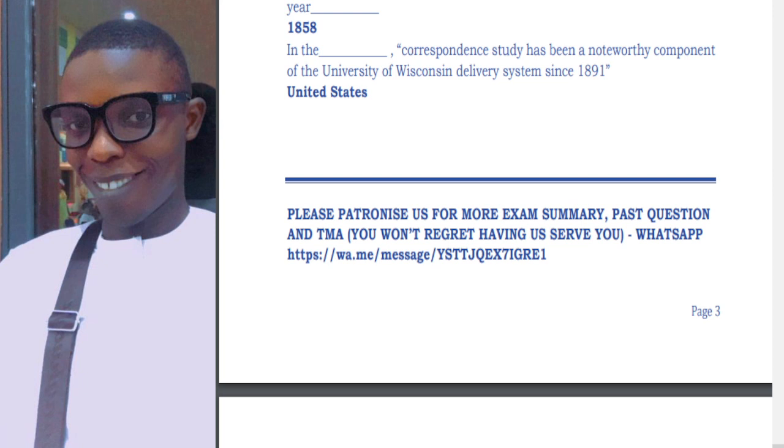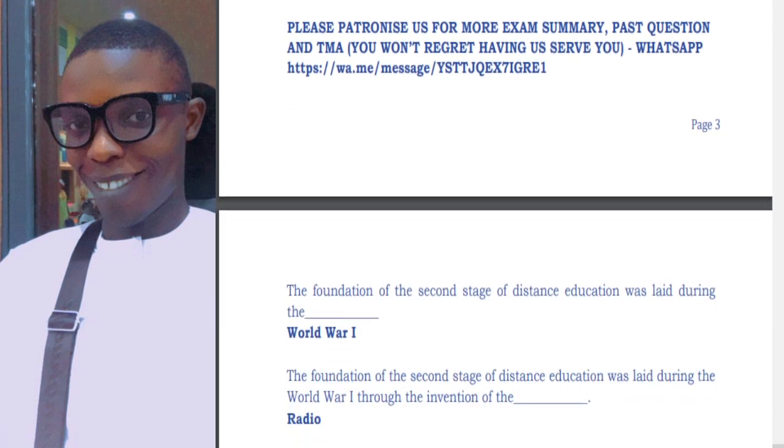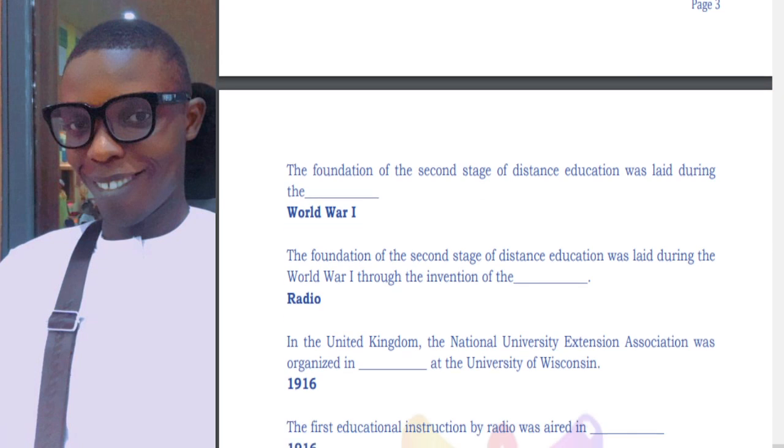So definitely, it started in the UK, University of London, and now we are seeing America picking it up. And by 1891, the University of Wisconsin already had distance education in place.